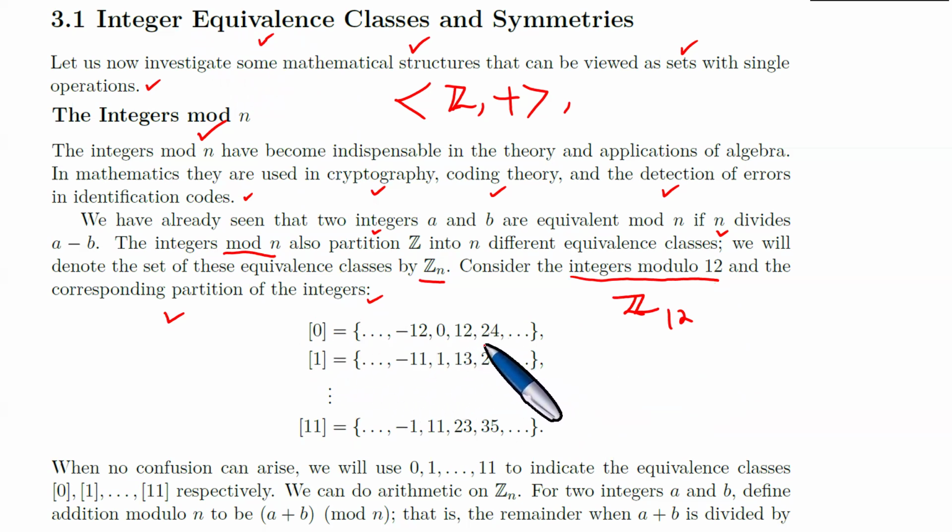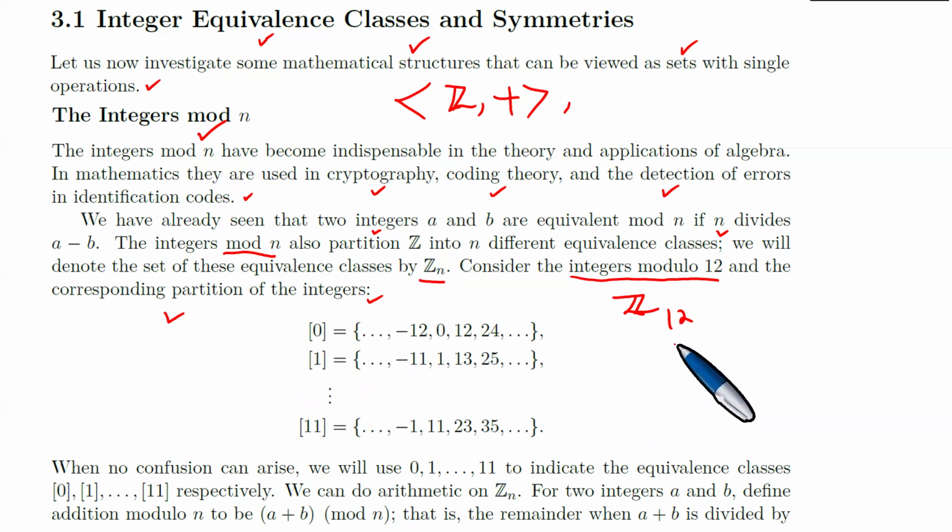And not just the positive multiples of 12, even the negative multiples of 12 are all equivalent to 0 modulo 12, meaning minus 12, minus 24, minus 36, minus 48, minus 60, and so on and so forth.